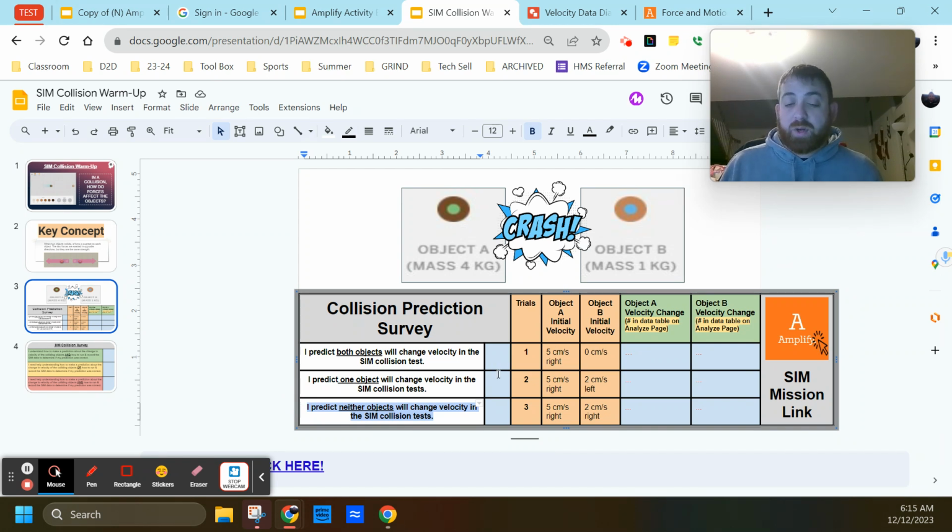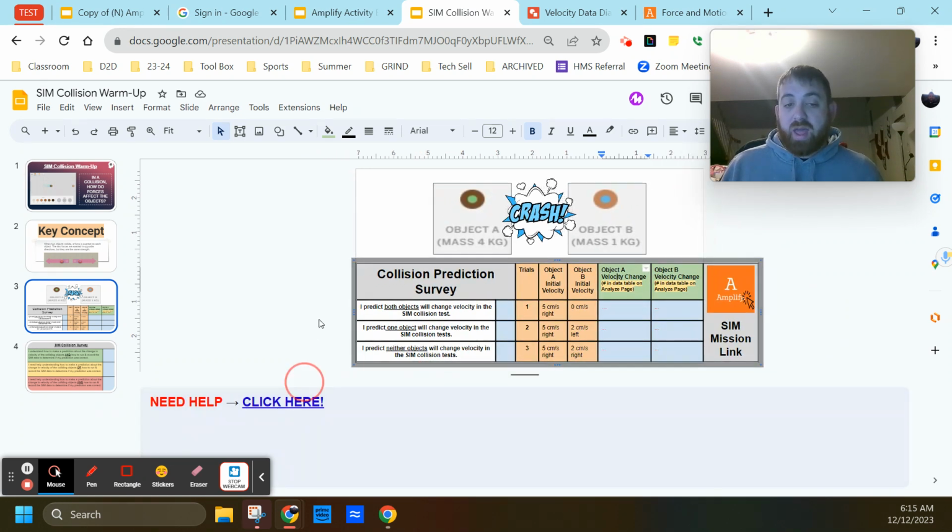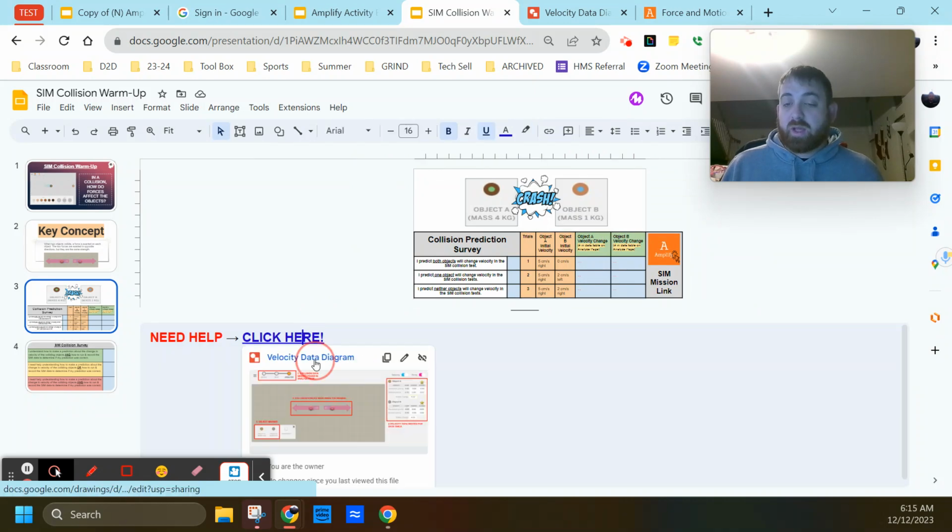You're going to start by making a prediction, and then you're going to run three tests, test 1, 2, and 3. Each one will have A with the same starting value of 5 centimeters to the right. B will be changing as you collide the objects. Your job will be to look at the data table to look at the velocity change for your objects. If you don't know what that is, you can click on the help button.